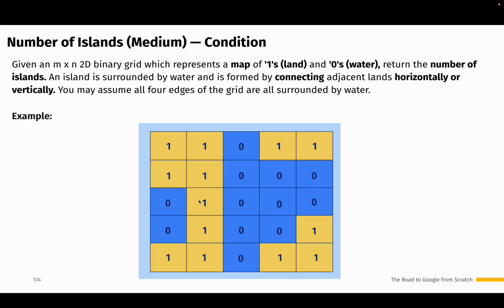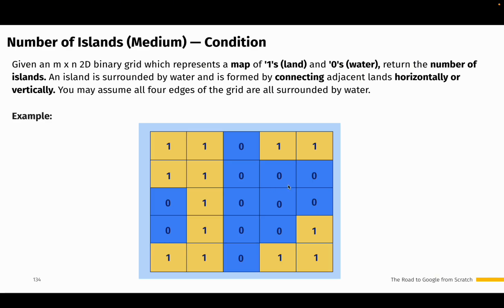An important notice here is that if two cells with value 1 are connected only diagonally, they are considered two separate islands. So for example, we have here an island 1 1 1, and let's imagine that here instead of 0 we would also have 1.